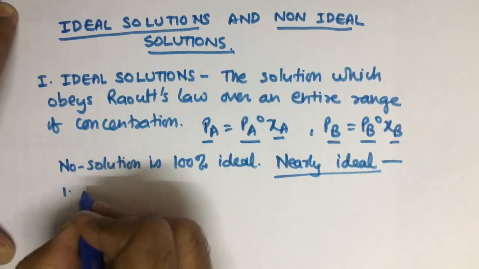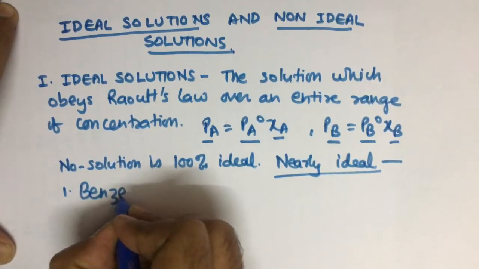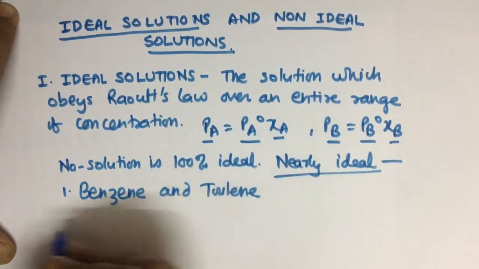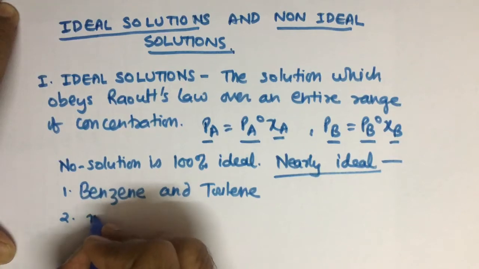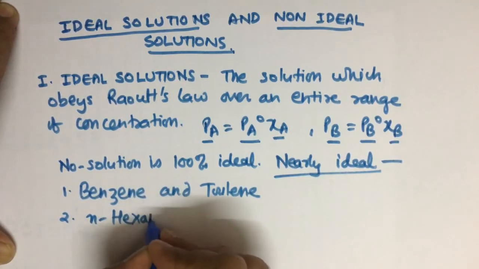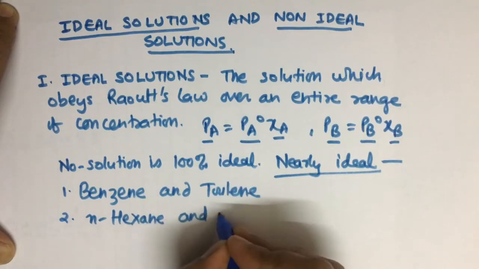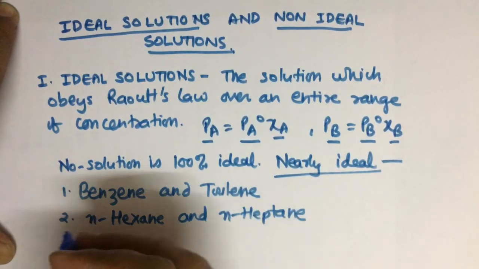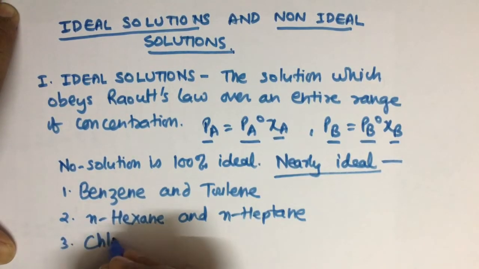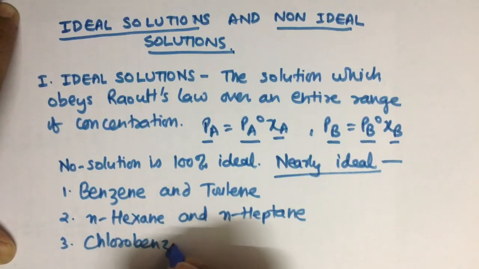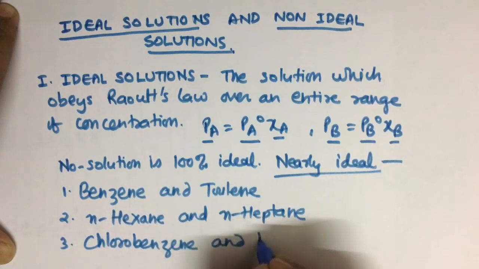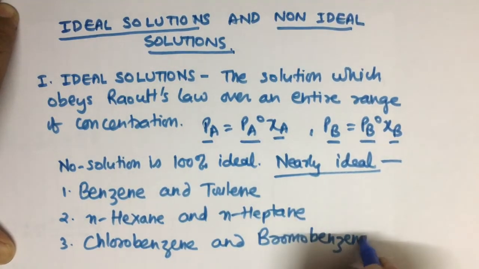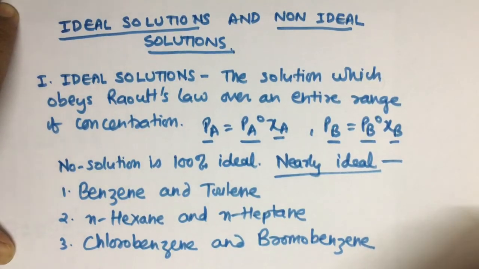Certain examples are solution of benzene and toluene, solution of N-hexane and N-heptane, solution of chlorobenzene and bromobenzene, and there are number of such examples.